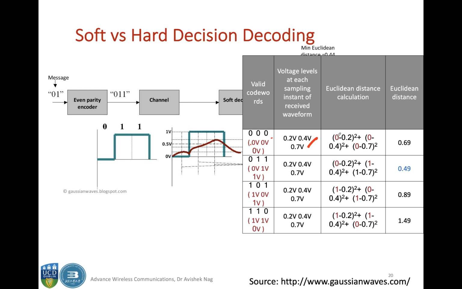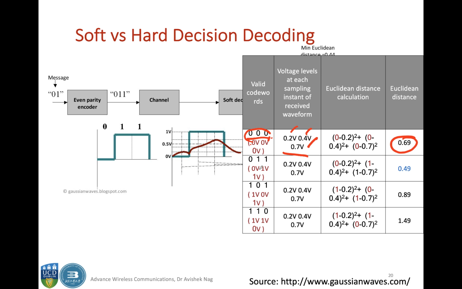So Euclidean distance between 000 and the received waveform is simply 0 minus this value squared plus 0 minus this value squared, and so on. This gives you 0.69 as the Euclidean distance between the received waveform sampled at these instants and the code word 000.